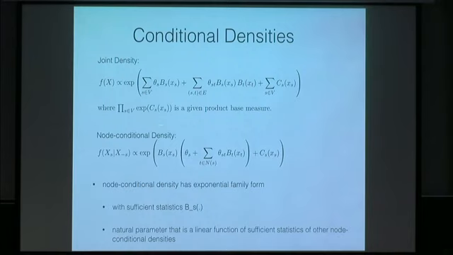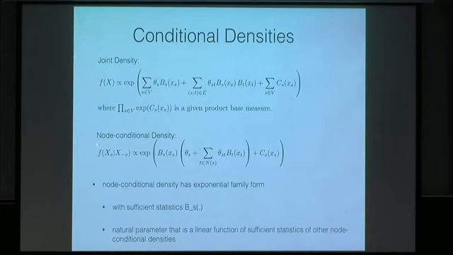If I look at the conditional density of one variable conditioned on the rest of the variables, it looks like this. You can see that this conditional density is in an exponential family form, where the sufficient statistics are this node-wise function.